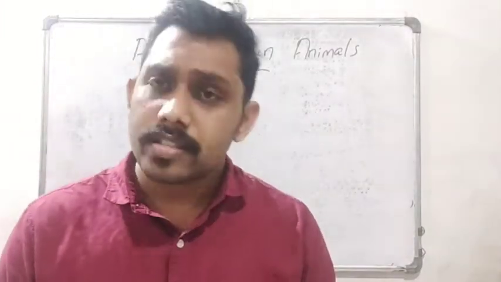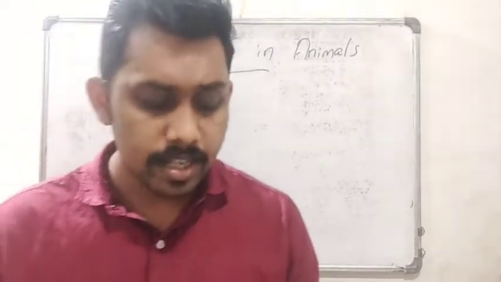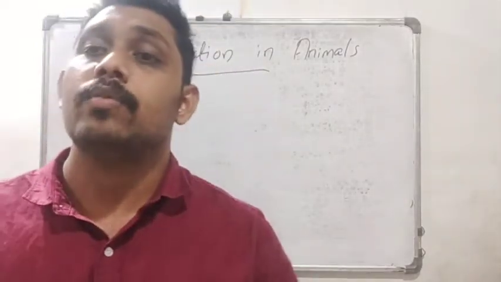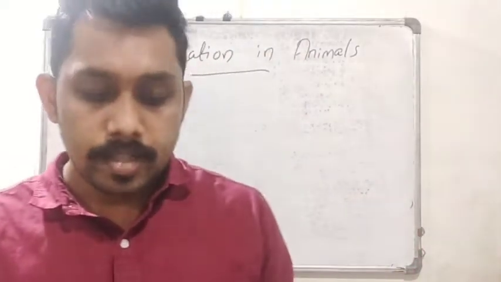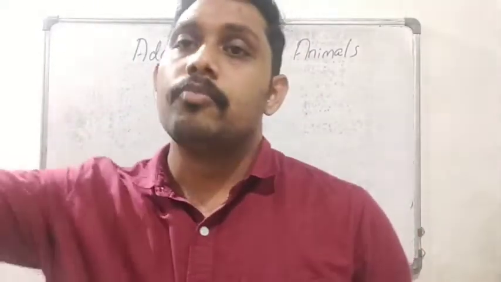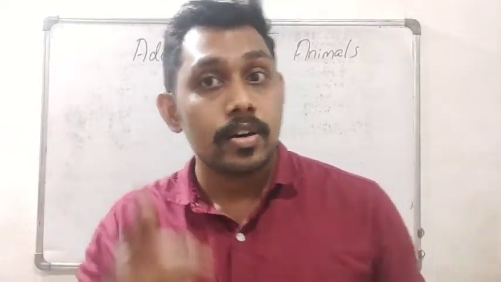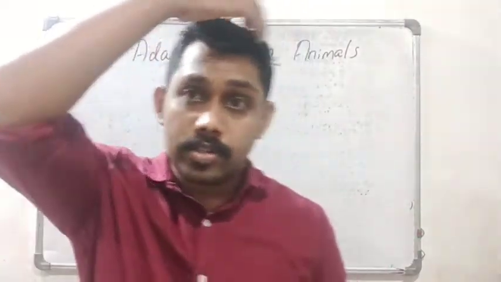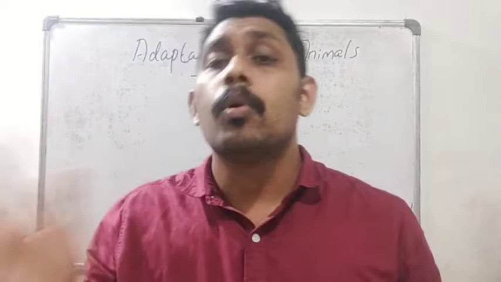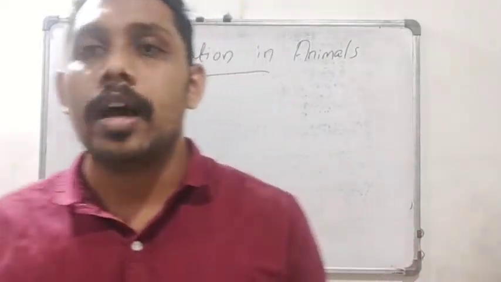Just like plants, animals also live in water, land, etc. Some animals live partly in both land and water. They are called what? Amphibians. The animals which live in both water and land are called amphibians.